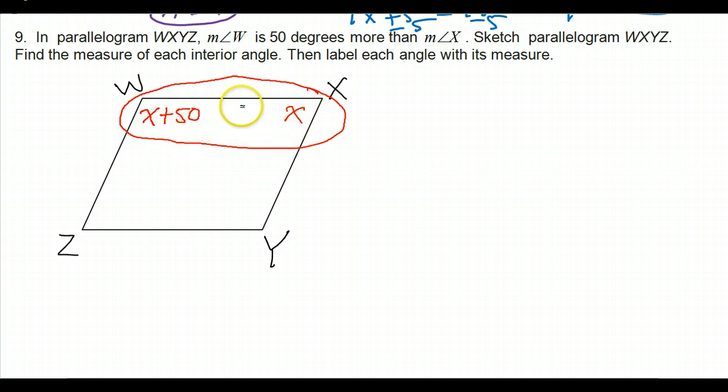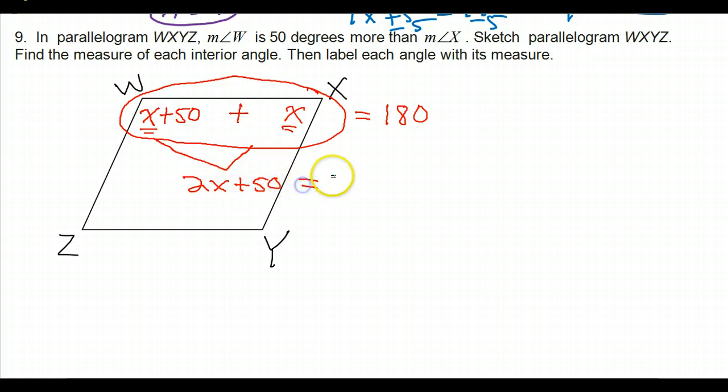That means if I add them up, they should equal 180. So x plus 50 plus x should equal 180. Combining like terms, x plus x is 2x, and then we still have the 50, so 2x plus 50 equals 180. All I did was combine like terms.